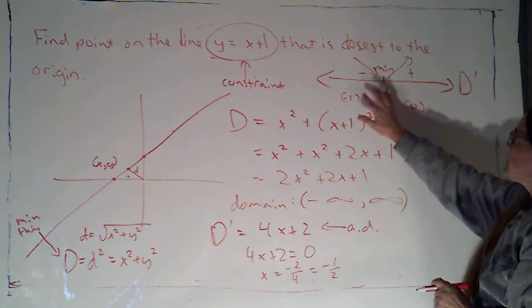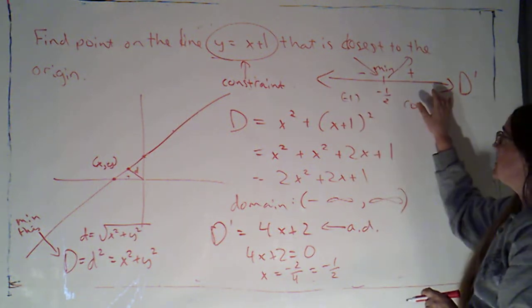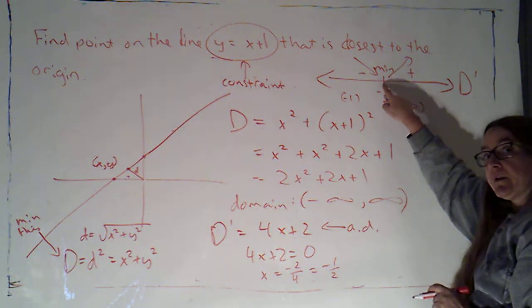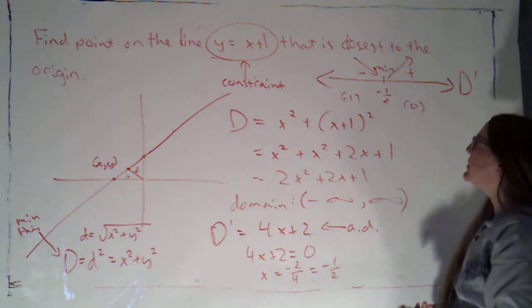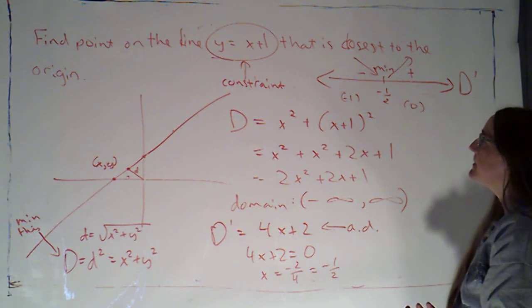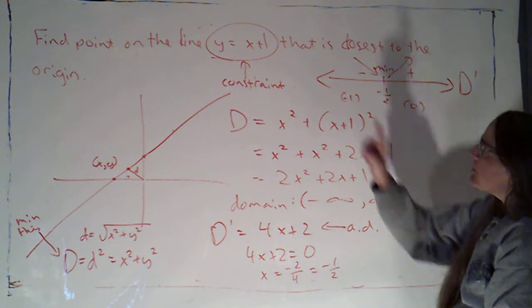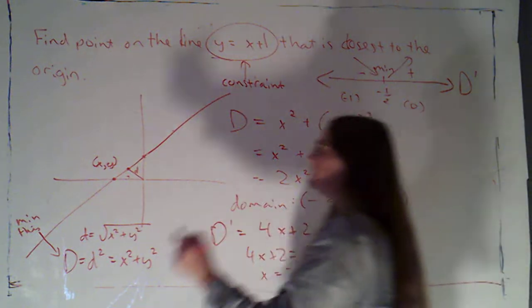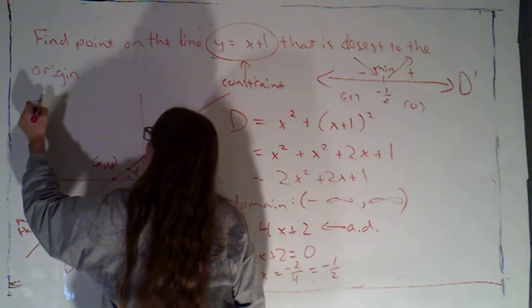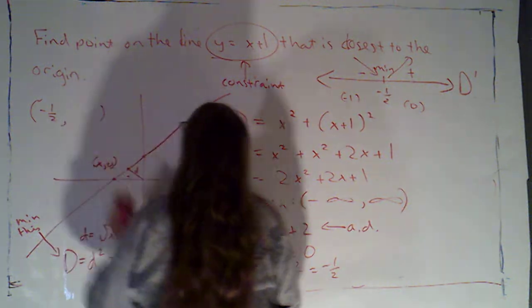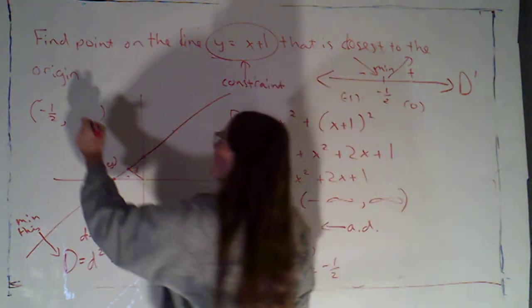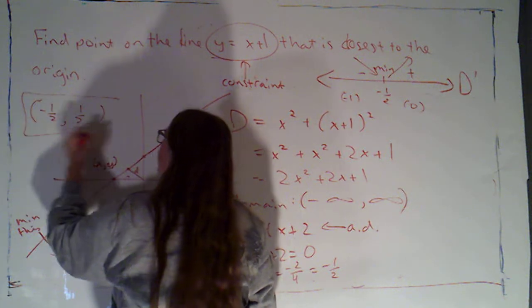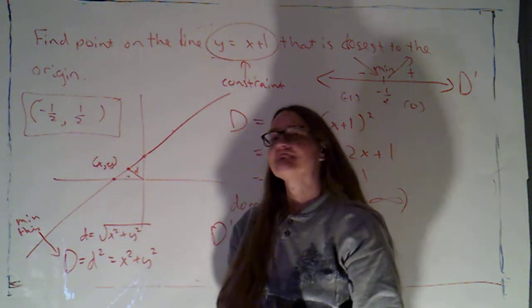And because we're working with a continuous function, and we have just one critical number, if it's a relative min we get for free that it's also an absolute min. So, we were asked to find the point. Well, we found the x value, so the point would be negative 1/2, and then the y value would be negative 1/2 plus 1, which would be positive 1/2. Excellent.